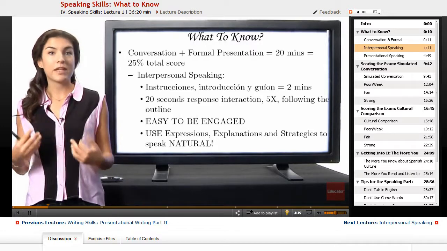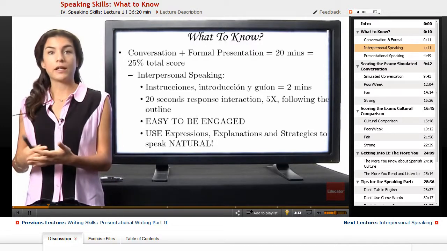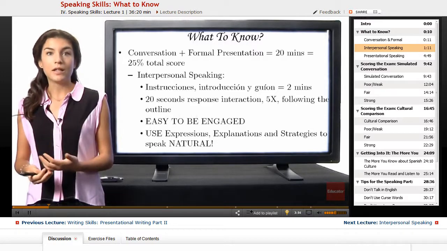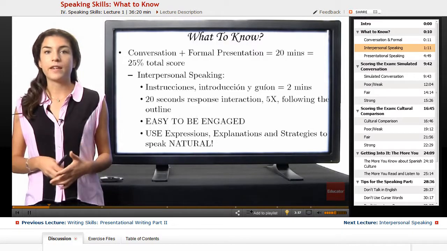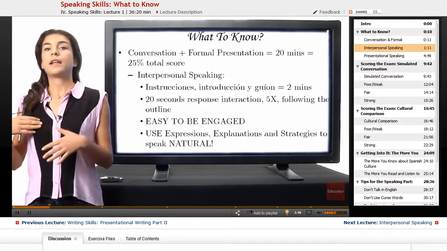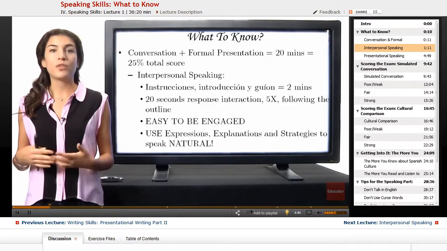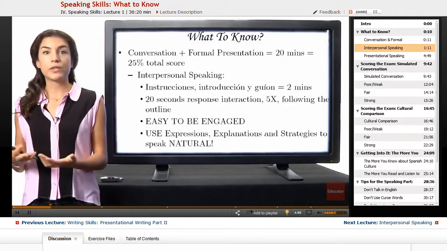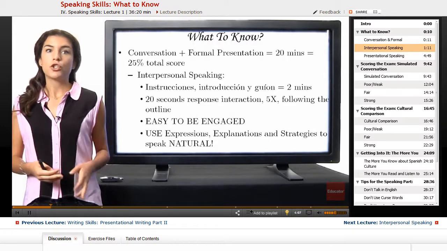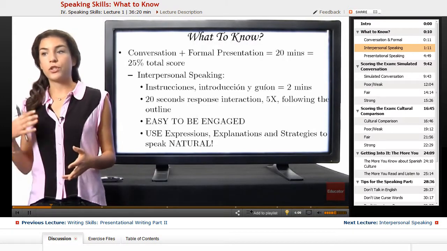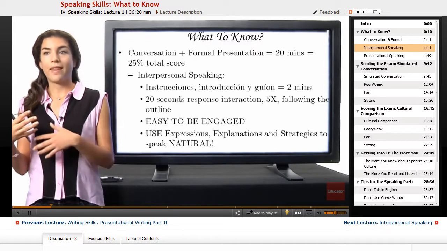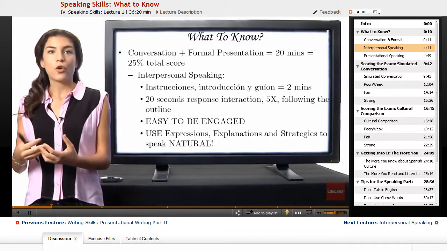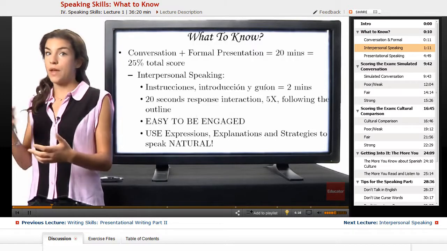They are always going to give you real material and sources. As I told you since the very beginning, it's all about simulating how you can communicate in real life. So the exam is going to be based on real sources and real situations. So use real expressions, and connect with those moments where you can be talking about the different themes.